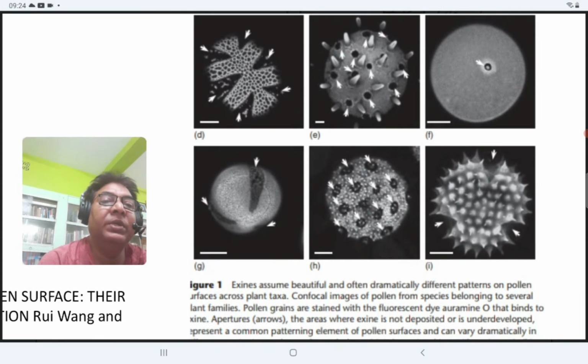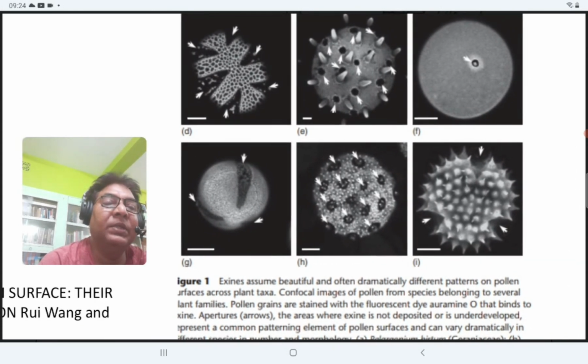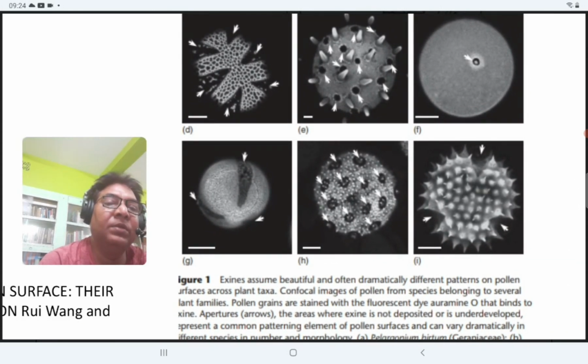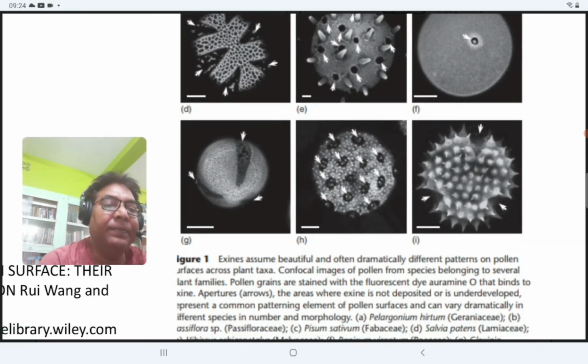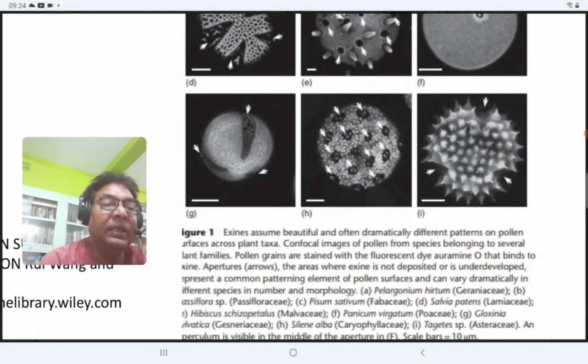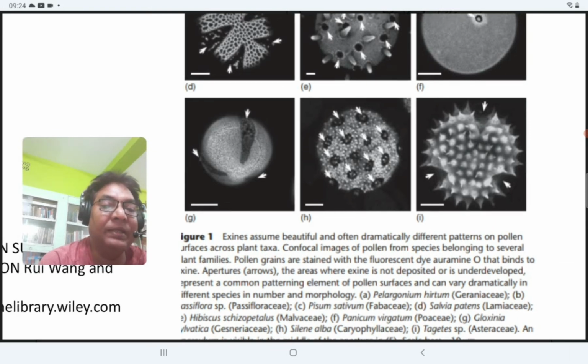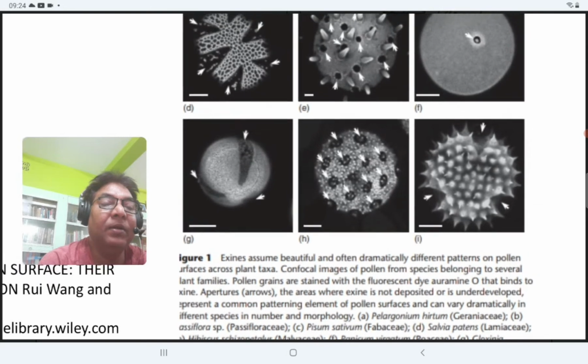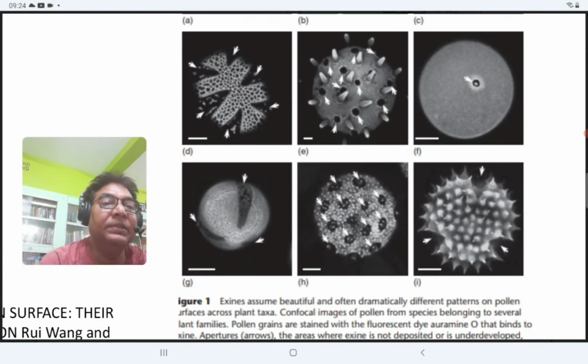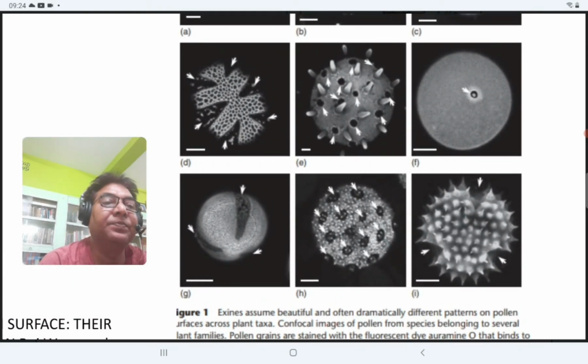D also is reticulate with goniotreme type of aperture. D belongs to Salvia patens, Lamiaceae family member. Hibiscus schizopetalis, that is E, of Malvaceae family, spiny sculptures.